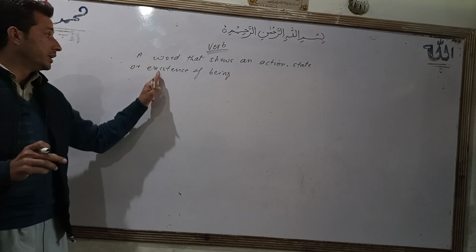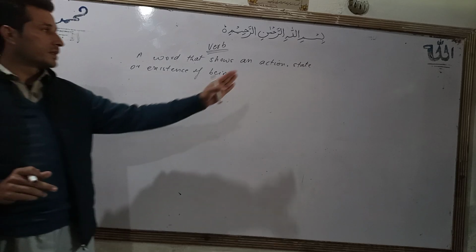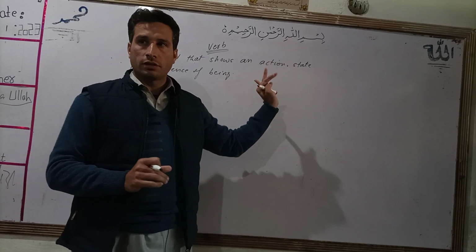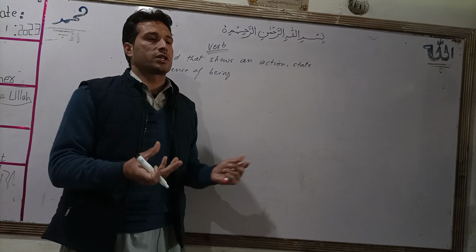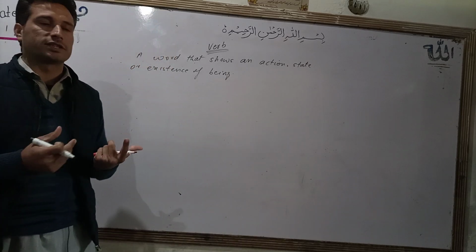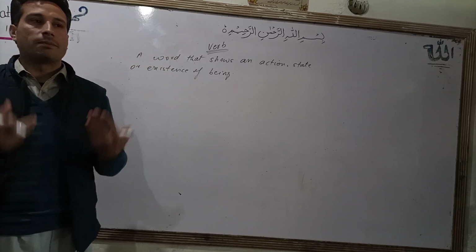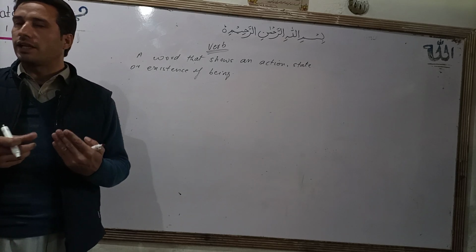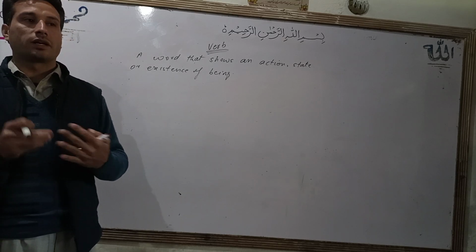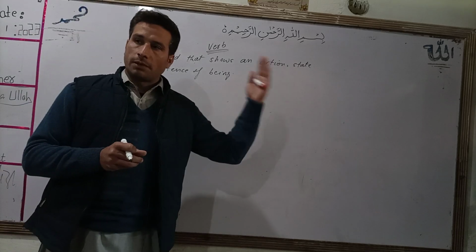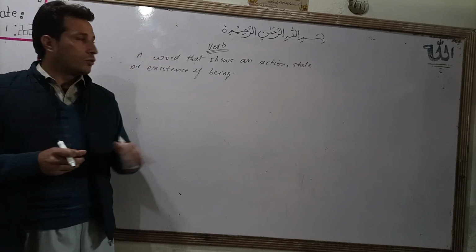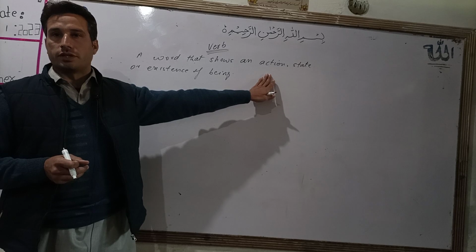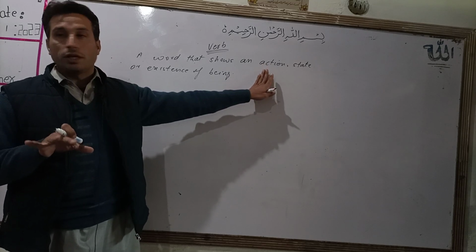For example, if I say I'm speaking, I'm standing, I'm walking, I'm running, I'm talking, all of these are actions. Talking, running, speaking, listening, jumping, swimming, and so on. So these are what we call verbs.